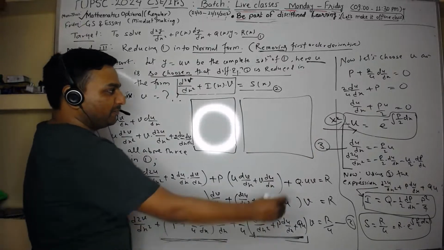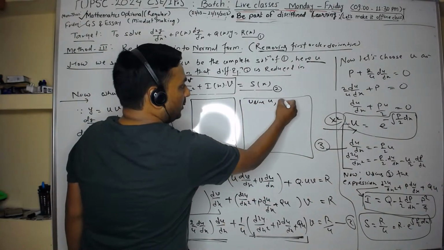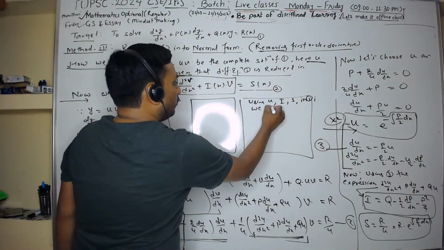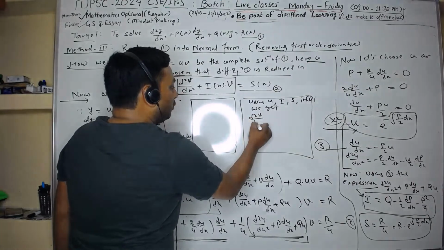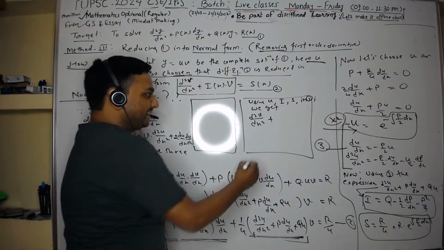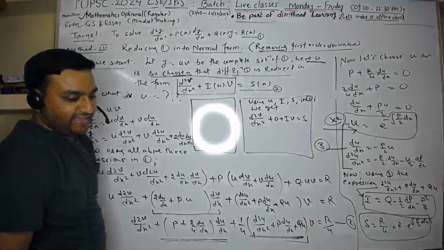What we have now, using u, I, s in 1, we get d2v over dx square, this becomes zero, plus I into v equals s.